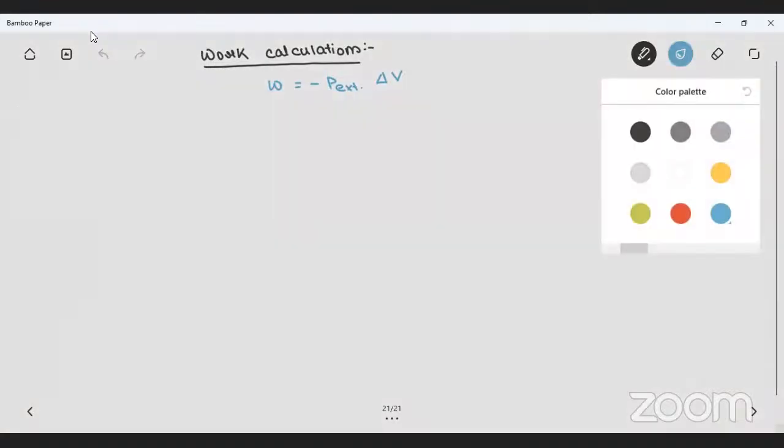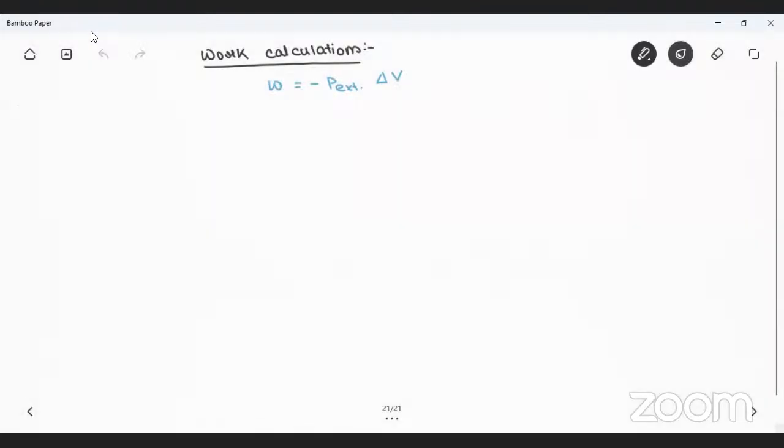Now, let's start with the isothermal process. What is an isothermal process? Isothermal process means delta T is equal to 0, and delta U depends on delta T, so delta U will also be 0.